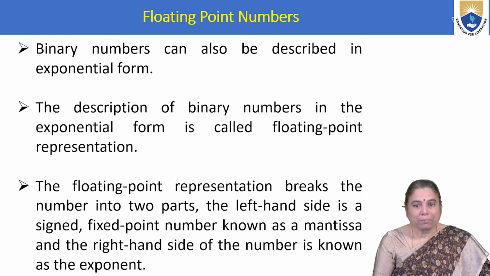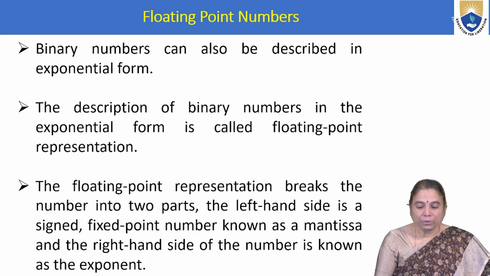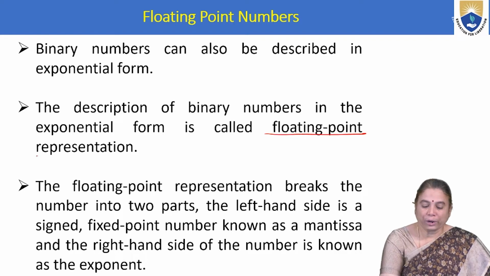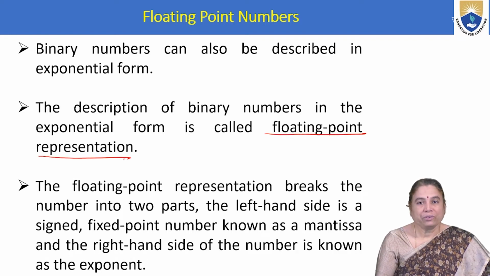Binary numbers can also be described in exponential form. The description of binary numbers in exponential form is called floating point representation. Each number can be represented with mantissa multiplied by base power the exponent value.